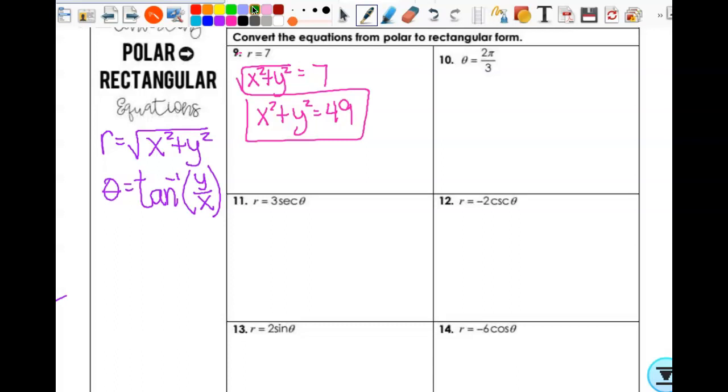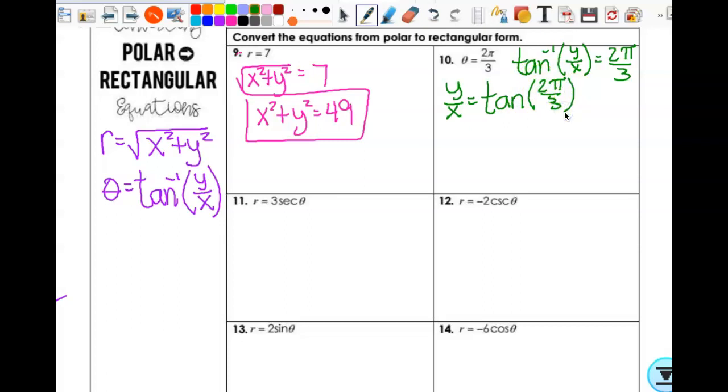We good? All right, so then theta equals 2 pi thirds. So theta is tangent inverse of y over x, and that's equal to 2 pi thirds. So to undo the tangent inverse, I would take the tangent of both sides, which means I get y over x equals the tangent of 2 pi thirds.